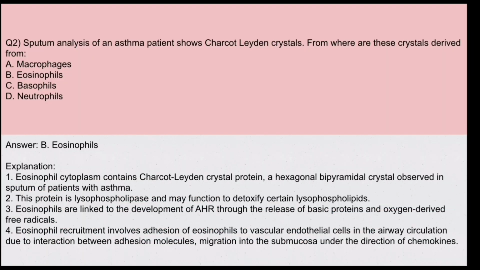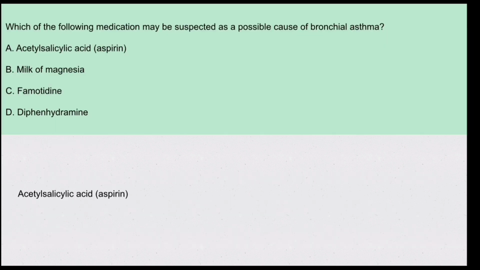Then the second question, just read it and go through it. Which of the following medications may be suspected as a possible cause of bronchial asthma? Already we have discussed it in the introduction of bronchial asthma. The answer is also given.